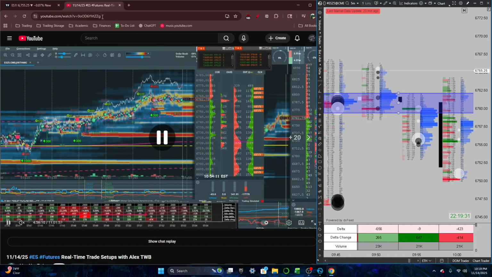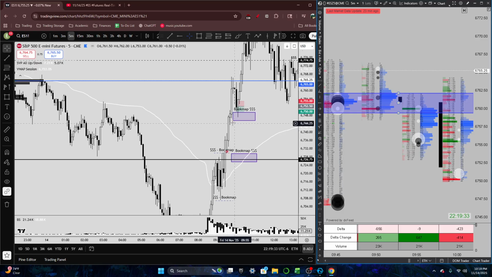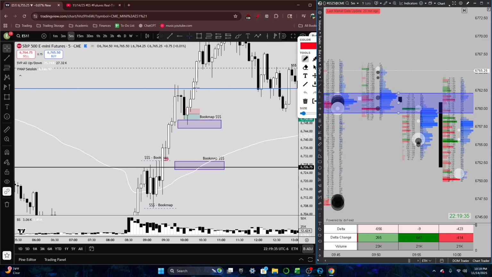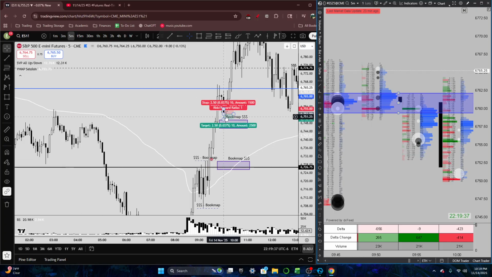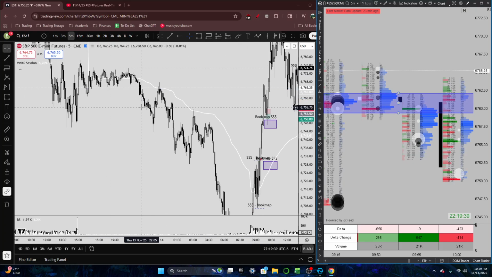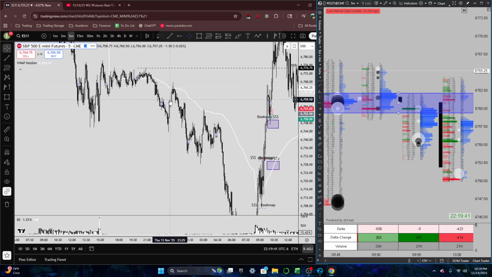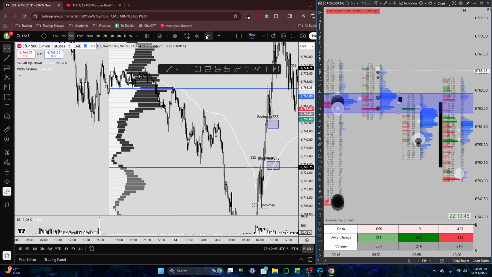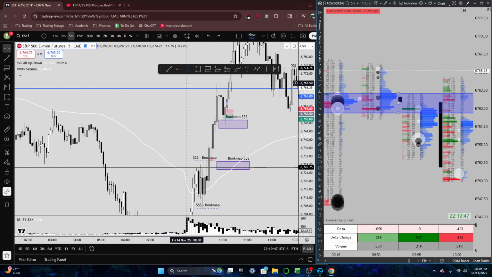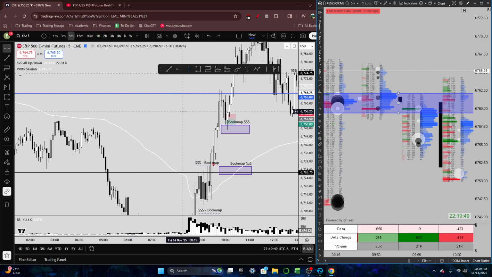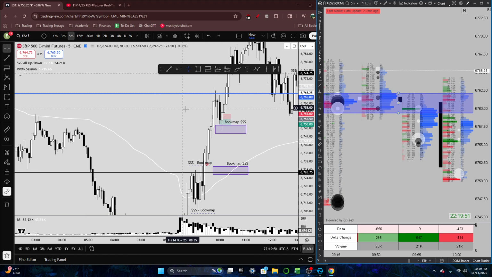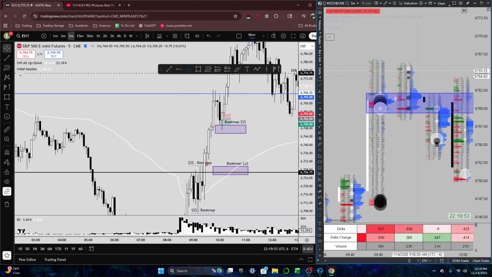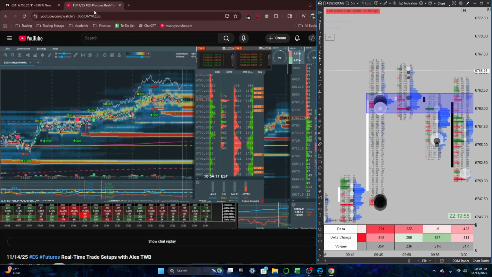Okay, at this moment, take a look at where we are in terms of price. Price has touched upon that point of control. What did I do? Hold on. There we go. Price has come to that point of control, and buyers are struggling to move higher. We're not seeing much volume.